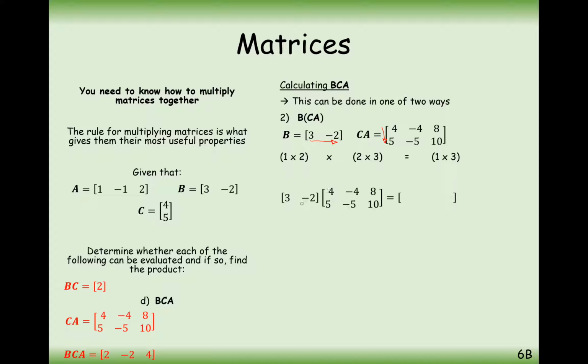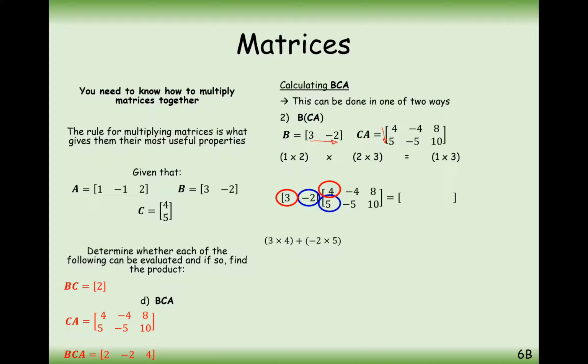It's going to be 3 times 4, add minus 2 times 5. So we can do most of these in our head, just storing numbers in your head and adding the results together afterwards. Or you can jot them down just in case you go wrong. So we're multiplying across in the first matrix, down in the second matrix. So this is going to give us the left-hand value.